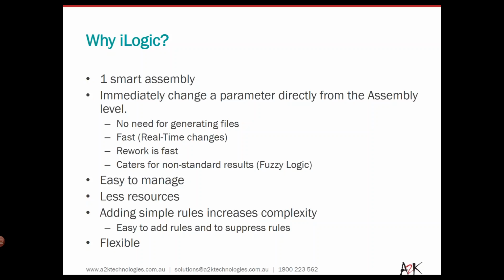Whereas in an iLogic part or iLogic assembly, we can simply add rules or even provide fuzzy logic bounds to capture the various possibilities. So instead of creating hundreds of parts or hundreds of solutions, we can simply create a few simple rules that can capture those possibilities.